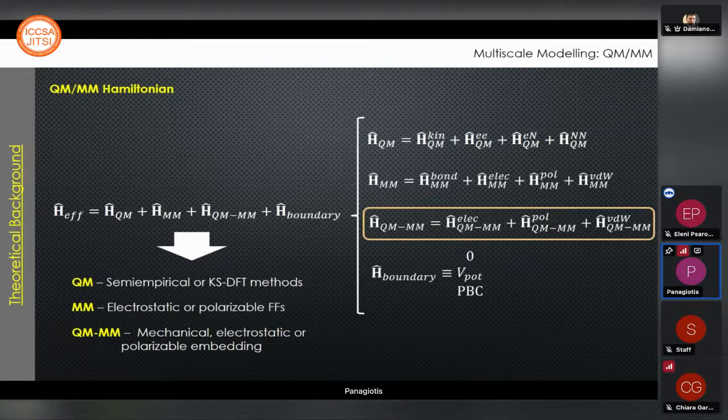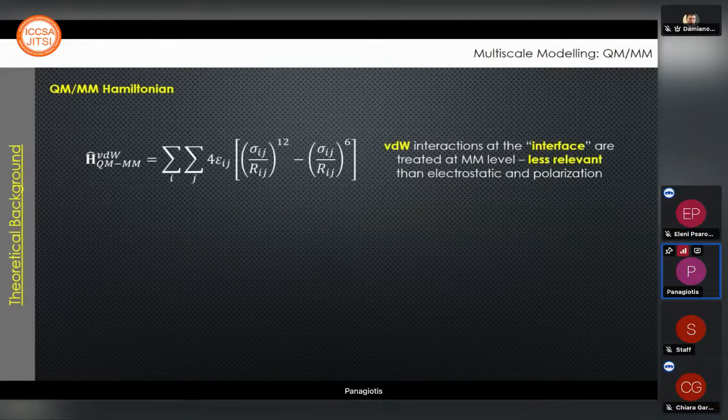The difference is both include permanent atomic charges in the MM region, but the polarizable also includes atomic induced dipoles. So the polarization of the MM region is also taken into account. And for the interaction between QM and MM regions, we can use mechanical, electrostatic, or polarizable embeddings, as I will explain what these three different kinds of embeddings mean.